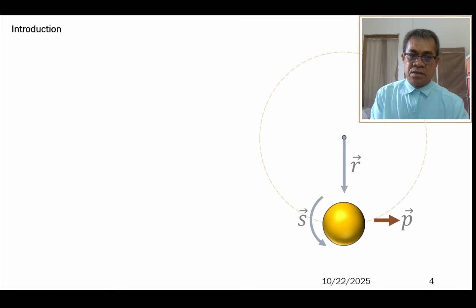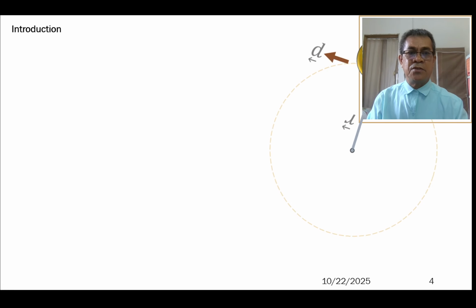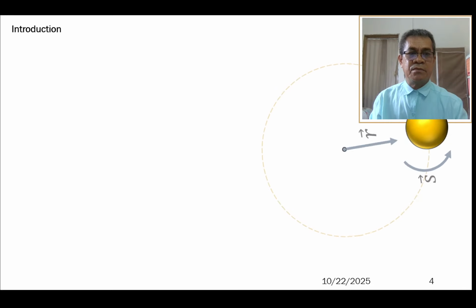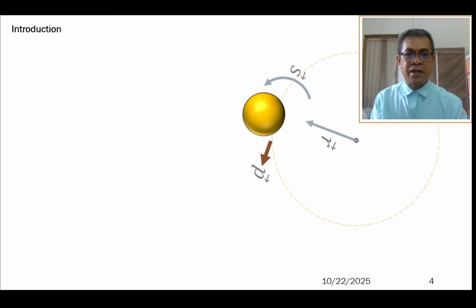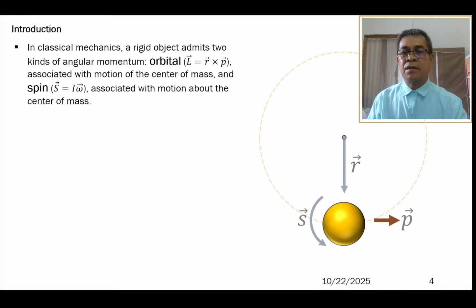Now, as I've said, when a particle travels in a spherical motion like the hydrogen atom, the electron orbits around the nucleus, and there are two kinds of momentum. We have the orbital and we have the spin angular momentum.